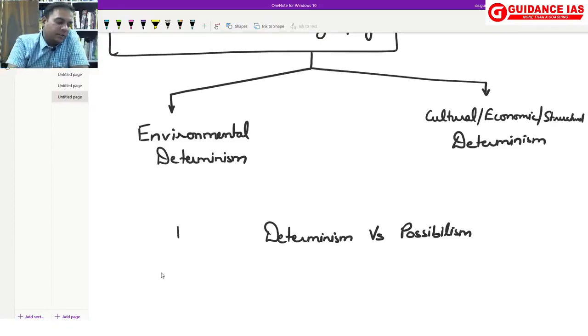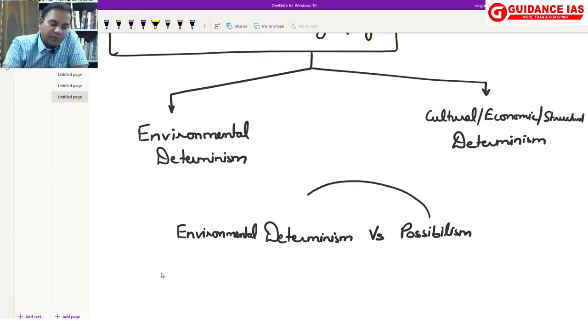Ideally, it should have been written environmental determinism versus possibilism. Because possibilism, what did we see?